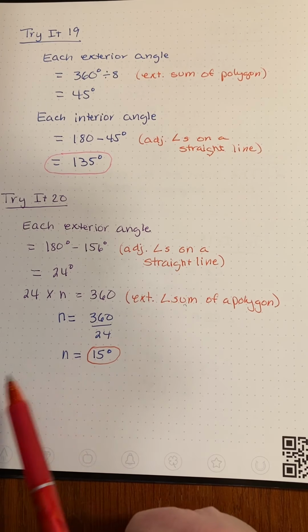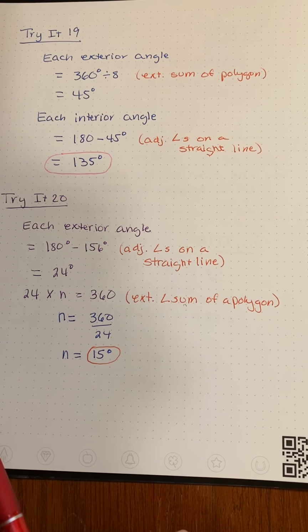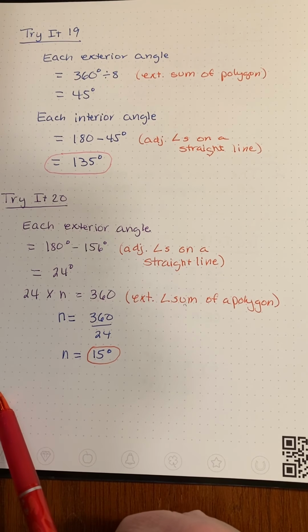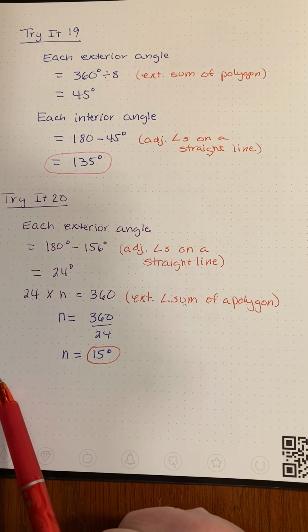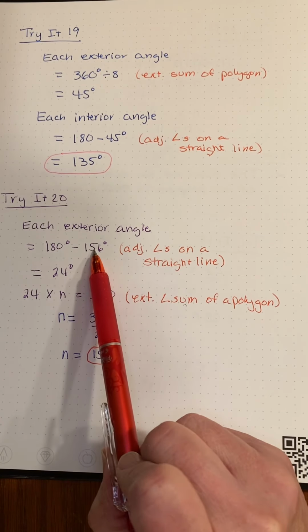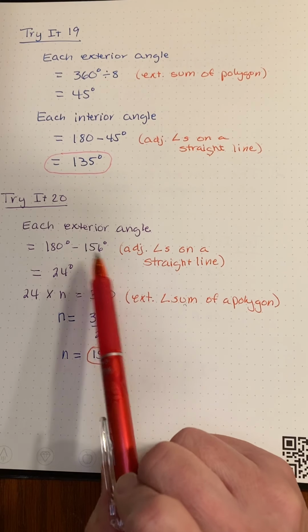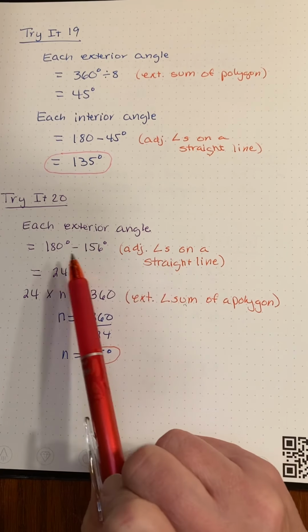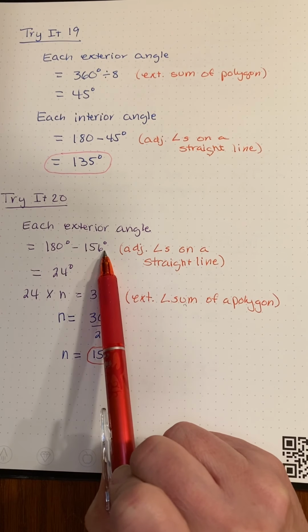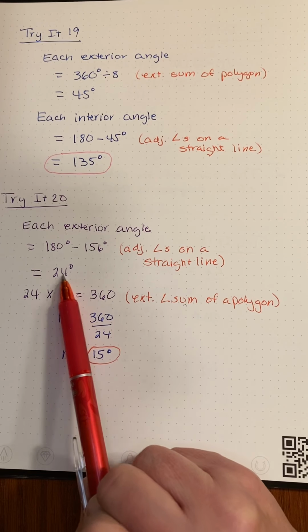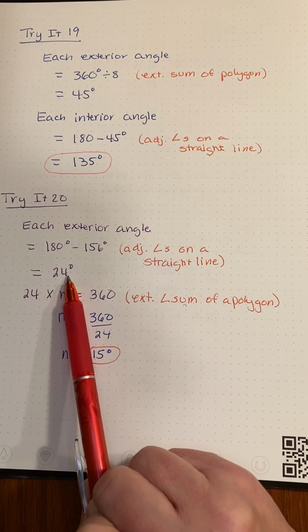Let me say that again, because I got my exteriors and interiors kind of flipped around. Again, we're trying to find how many sides this polygon has, and we know that the interior angles measure 156. Using the property of adjacent angles on a straight line, 180 minus 156 is 24. That gives me one of those exterior angles.